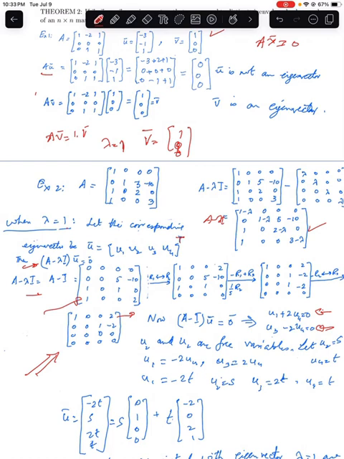If you want, you can let one of the free variables be called s and the other free variable be called t, and then use those in writing the equations or finding the basis. But even if you use u2 and u4, that's fine.